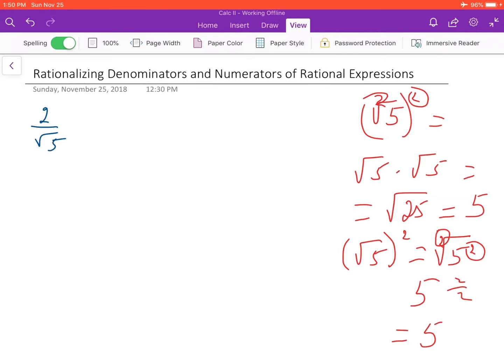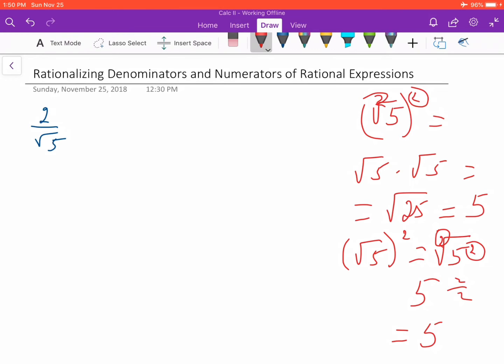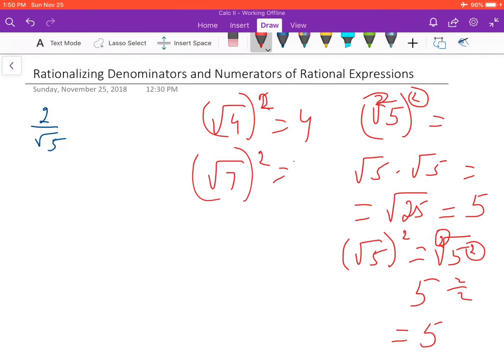Let me bring another example. Square root 4 squared is 4. Square root 7 squared is 7. Now if I have cubic radical 4, I have to raise to power 3 so I can get 4 out, because it has to be the same. So 3 divided by 3, you get 1.